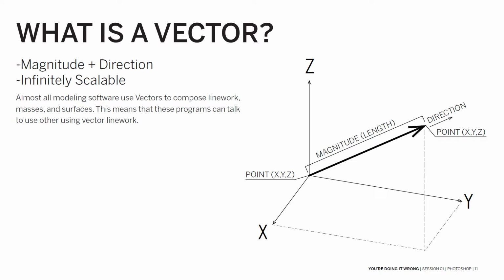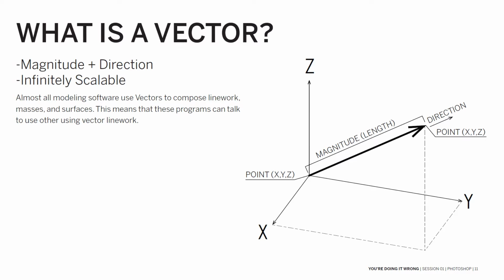Okay, so let's talk about what a vector is. Vectors are mathematical equations that have a couple aspects to them. A vector can either be drawn by creating 2 points in space and then connecting those 2 points, or they can be created by using a magnitude, which is the length, and a direction.